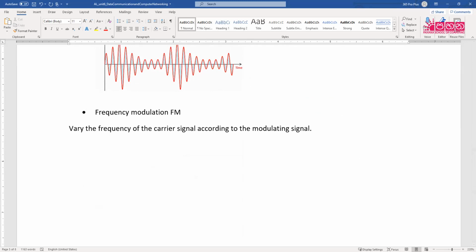So you change the frequency, then amplitude and phase will not be changed.